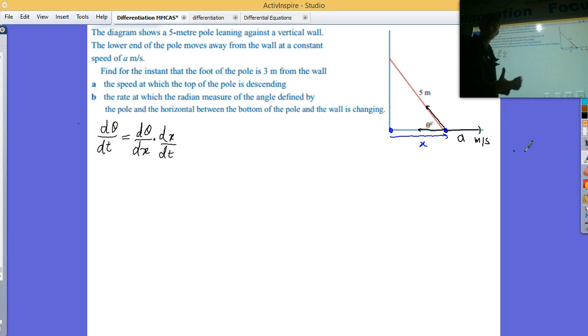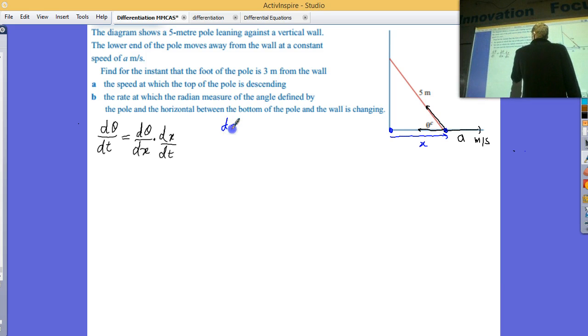So we've got a related rate of change there. dθ/dt is equal to dθ/dx times dx/dt, for it all to relate and be connected and equivalent. To work out the rate of change, we need to identify what dθ/dx is.